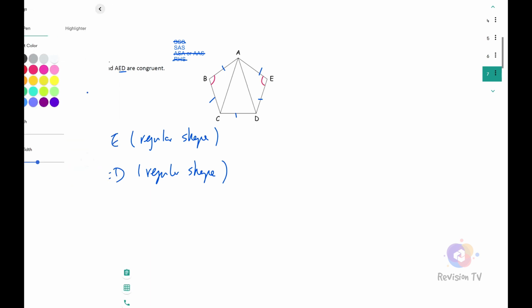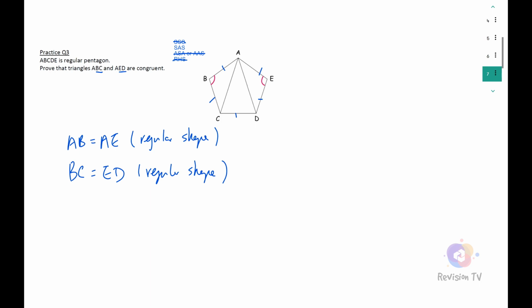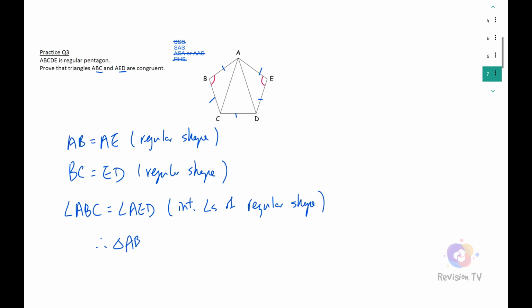Because interior angles inside a regular pentagon are the same. So angle ABC is the same as angle AED because of interior angles of a regular polygon. Therefore, triangle ABC is congruent to triangle AED, and the reason will be SAS.